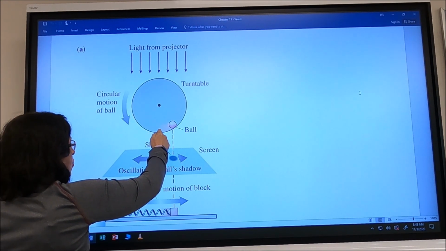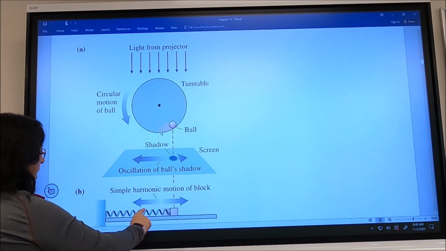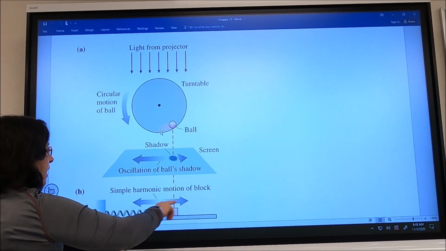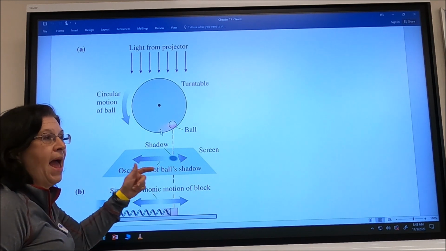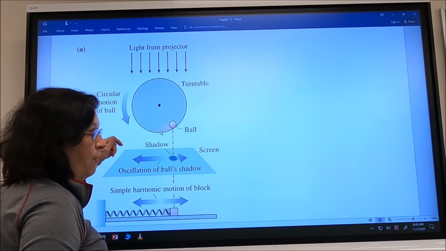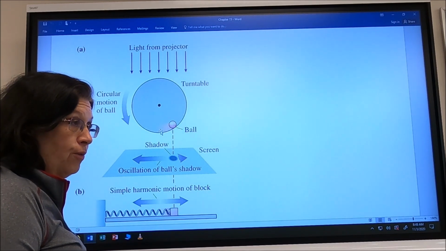Then it moves back toward equilibrium and out. If you compared that to the motion of a mass attached to a spring going back and forth, guess what? They're going to match. And if you graph out the position of the shadow as a function of time, it's going to give you a sine curve.